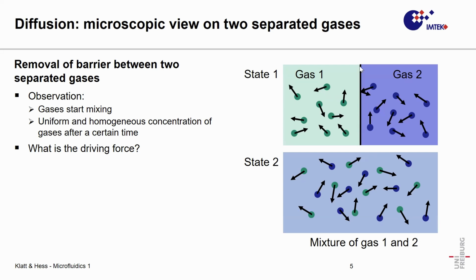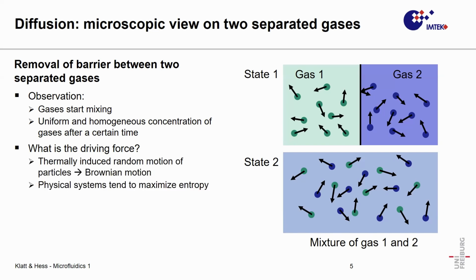If we now remove the barrier between the two gases, the particles will spread randomly across the complete container. And this finally ends up in the perfect mixture that we just observed on the macroscopic scale. The driving force is, as often in these types of systems, the entropy, which usually tends to be maximized.